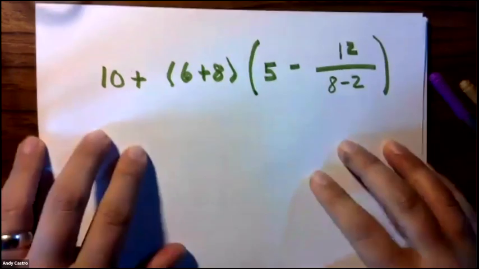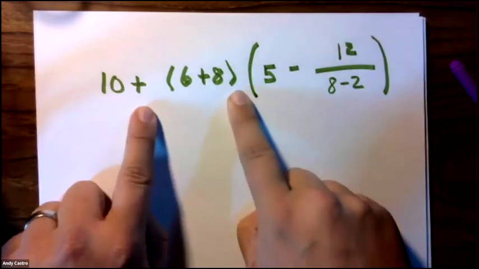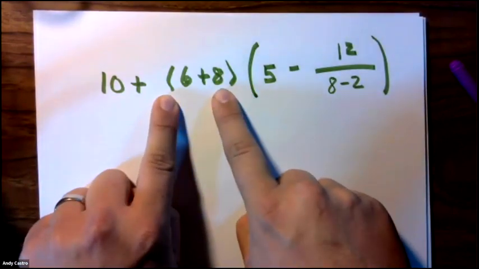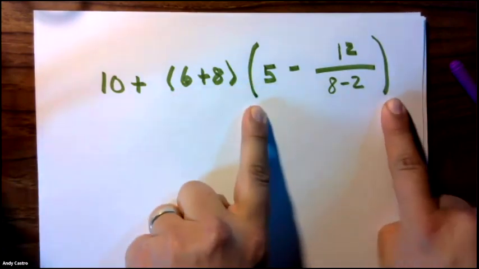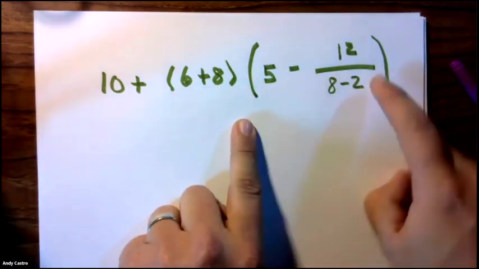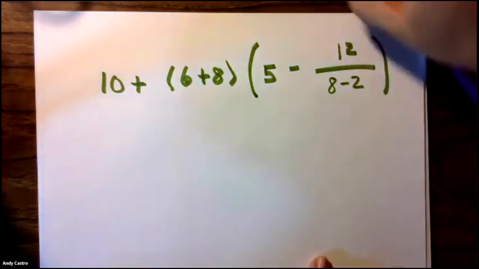All right, so just to make sure my writing was clear, this is 10 plus the quantity of 6 plus 8 times the quantity of 5 minus 12 over the quantity 8 minus 2.